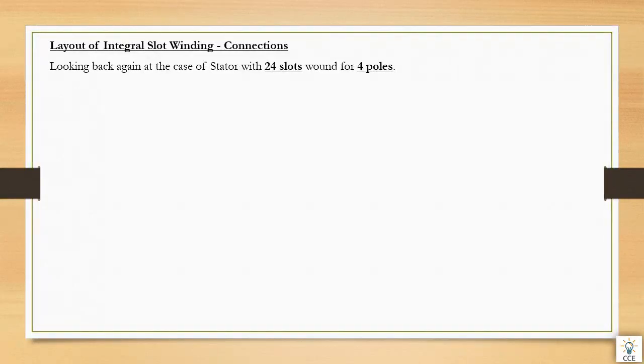Now we look back at the case of the 24 slot 4 pole configuration. We take the first one, for one parallel path. We'll look at method 1.